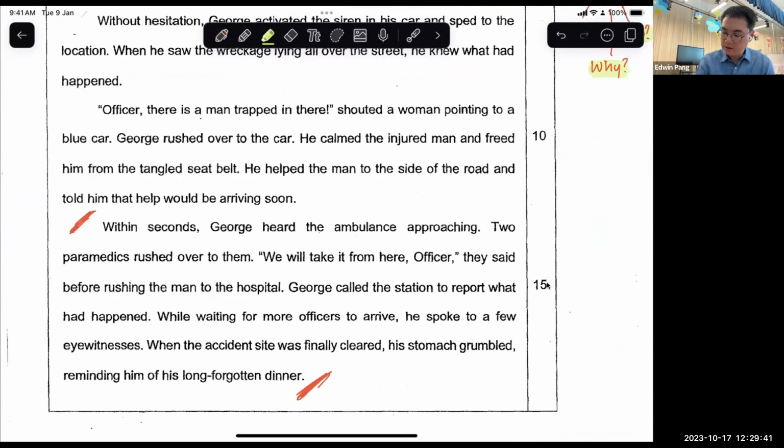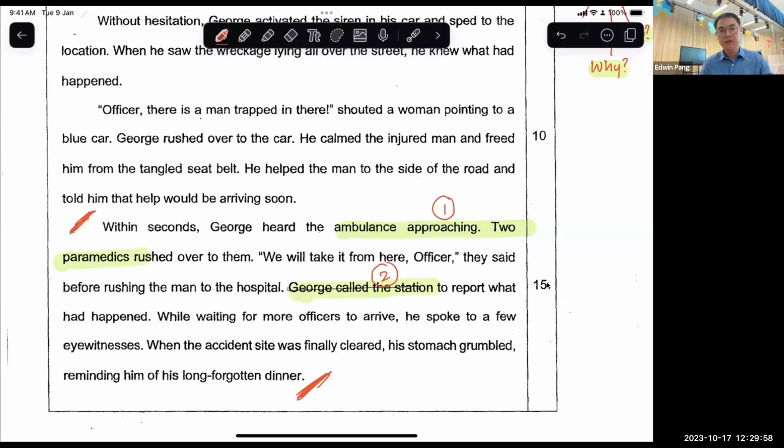Okay, so can you see the ambulance and the paramedics is number 1. Highlight that. Then George called the police station is number 2.